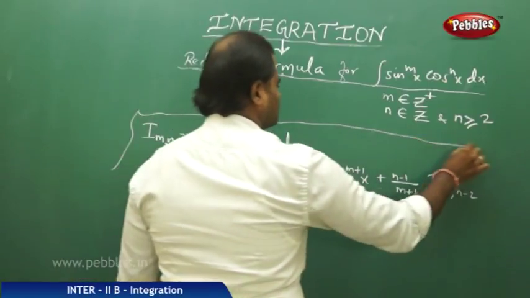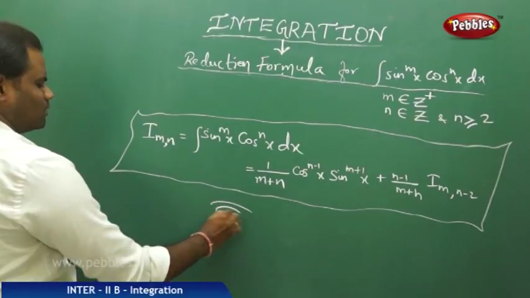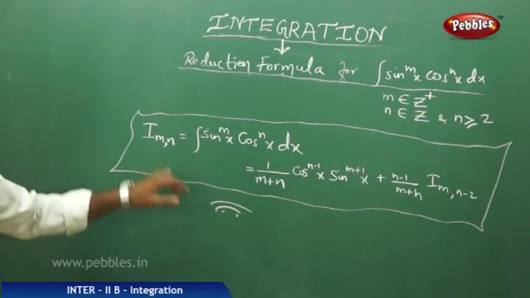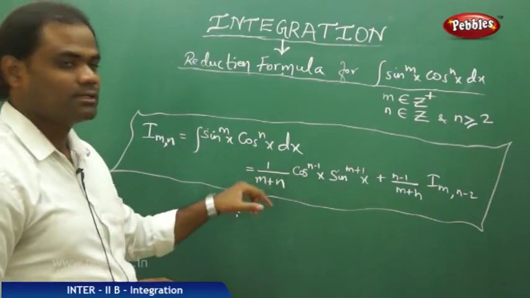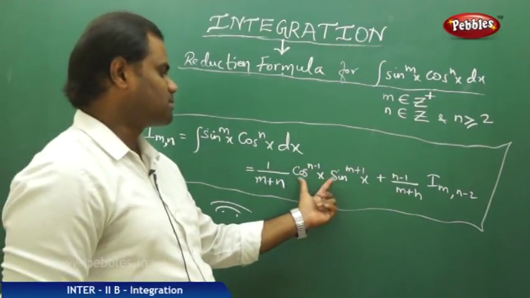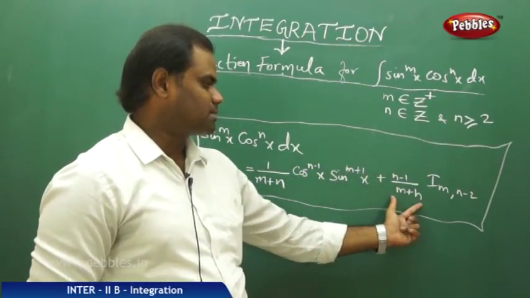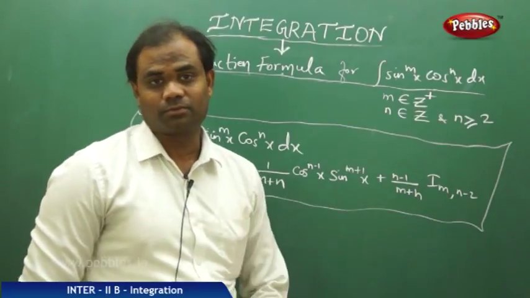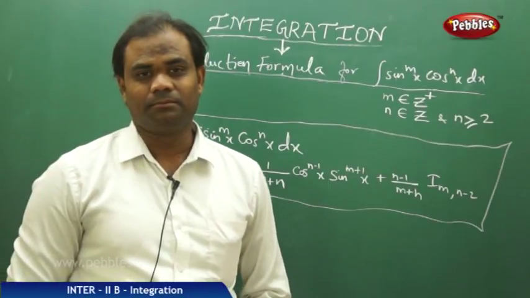This is how we get the reduction formula for Imn, integral sine power mx cos power nx dx, as 1 by m plus n cos power n minus 1 x sine power m plus 1 x plus n minus 1 by m plus n Im n minus 2.